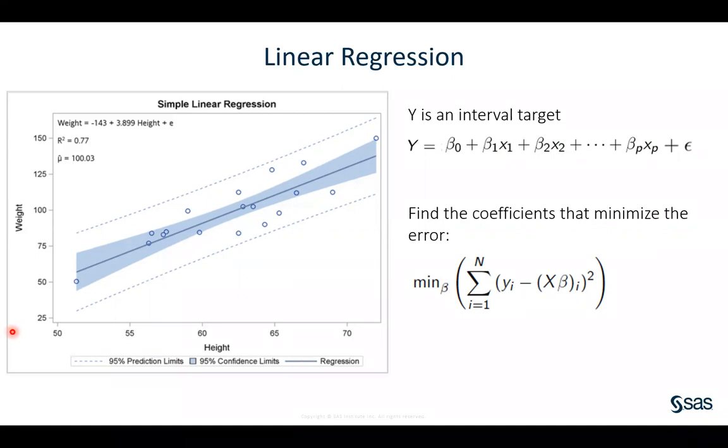And here we have an interval target, a numeric target. To fit a regression model, we need to find the regression weights, which are this beta 0, beta 1, beta 2, which is found by minimizing this objective function that you see here. Once you find the best model weights, you can use this model to score a new data set for prediction.